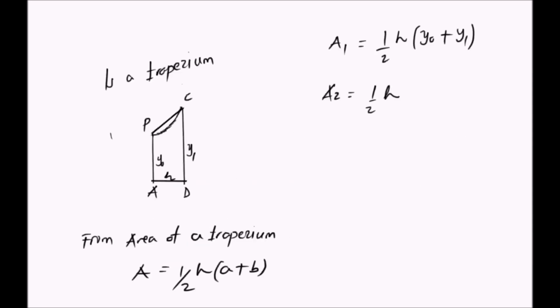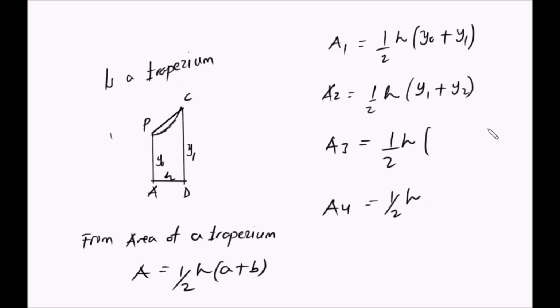So the area now of the second trapezium itakuwa ni hivyo, half times h (y1 plus y2). So ziko sita, trapezium zote sita natafuta area zake. Zote width zake ni h. Kwa hiyo na ya 4 width ni h, kinachobadilika ni ndani.